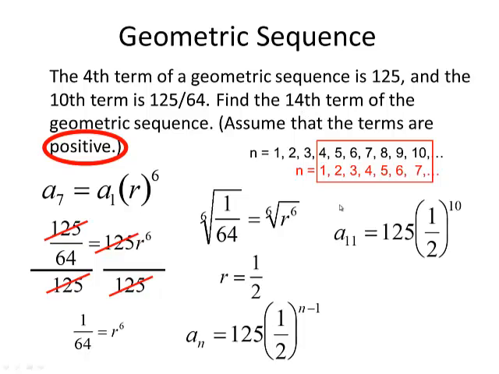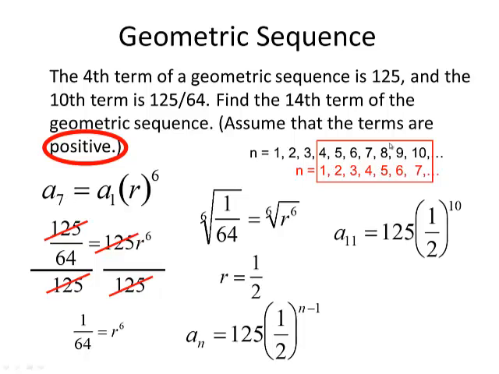Okay, the 14th term is really going to be my 11th term, because I'm going to subtract 3 from 4 to get my first term and subtract 3 from 10 to get my 7th term, right?